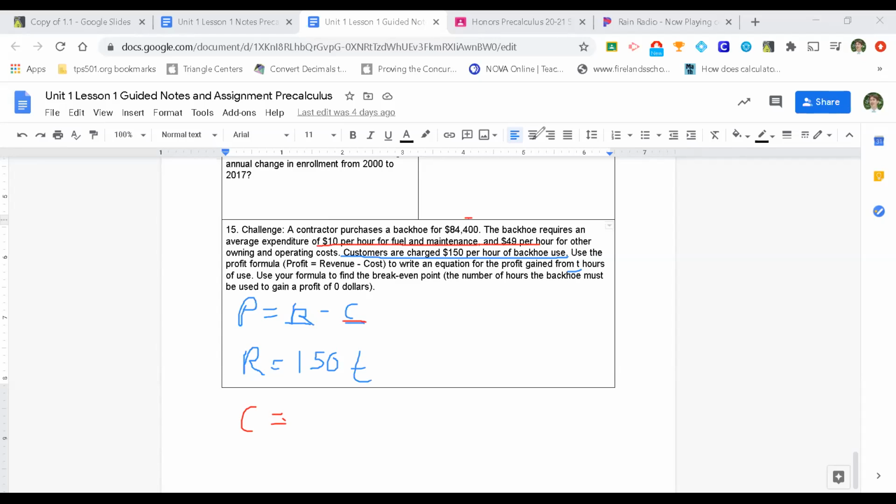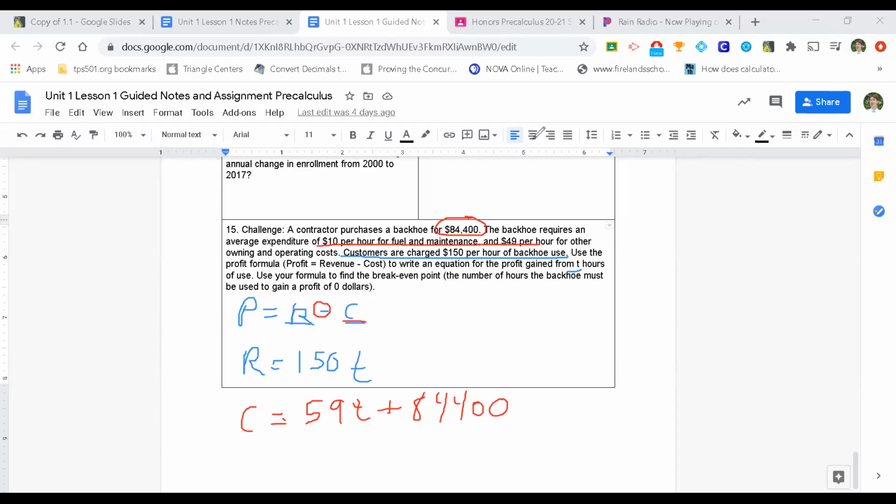And don't forget that's a big cost right there, 84,400, and 59T. It's going to be positive 59T. The reason we're going to write cost as positive is because we already put the negative right there. So we're going to take care of that negative later.